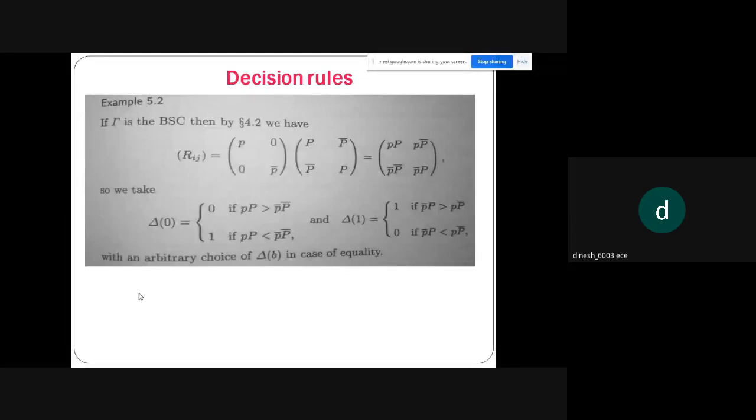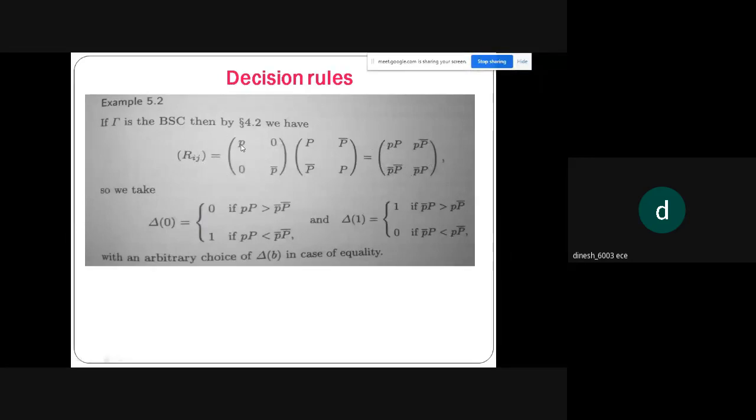In a binary symmetric channel, we have the channel matrix as this: P, 0, 0, P bar, and here capital P bar, P. So from this we can find easily what this Rij is.